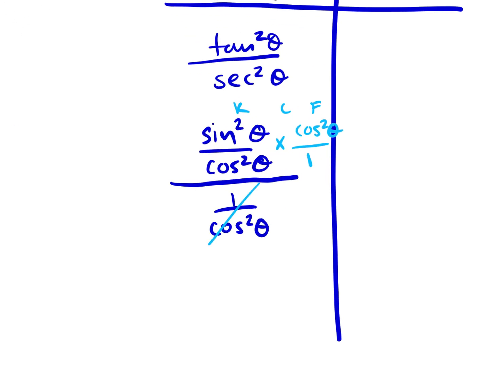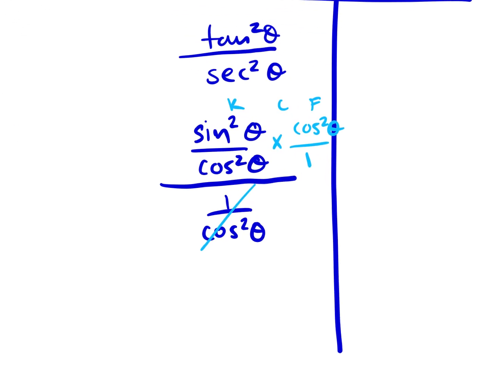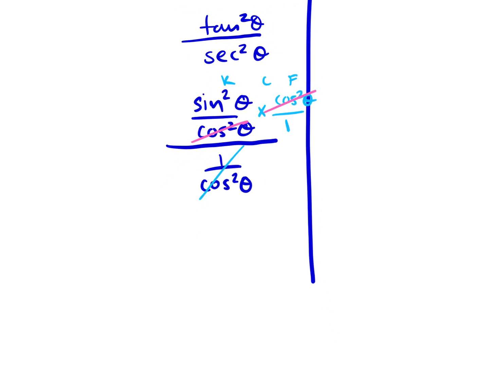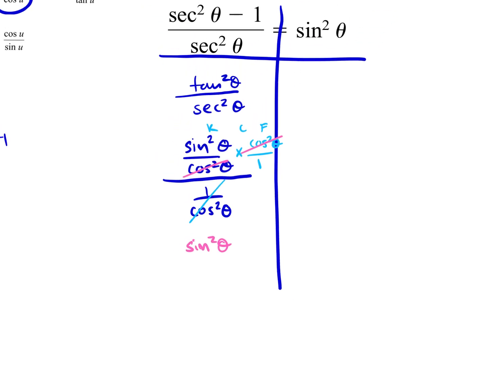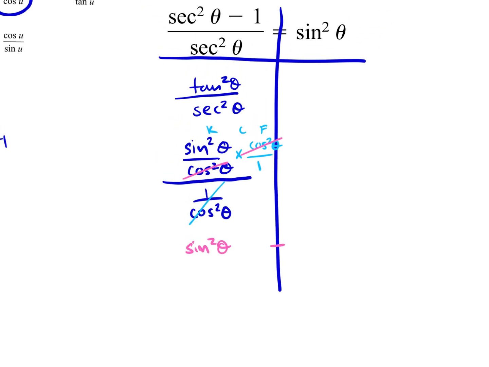Do we see anything that'll cancel? Awesome. We have cosine squared on the top and the bottom. So those cancel. So we're left with sine squared over 1, which would just be sine squared. What was our goal? Sine squared. So that would be our answer.